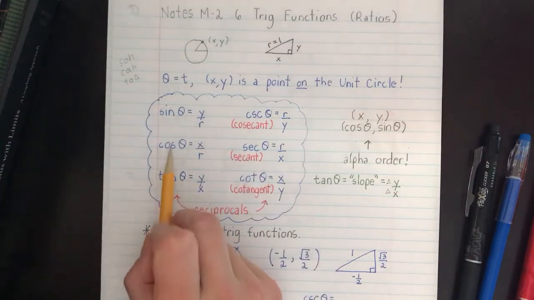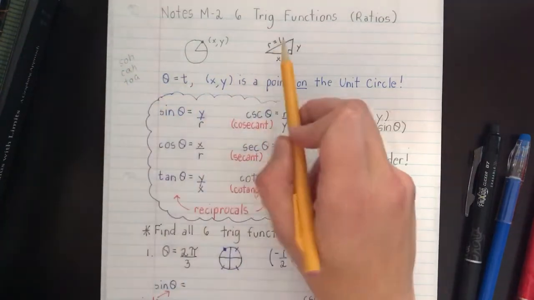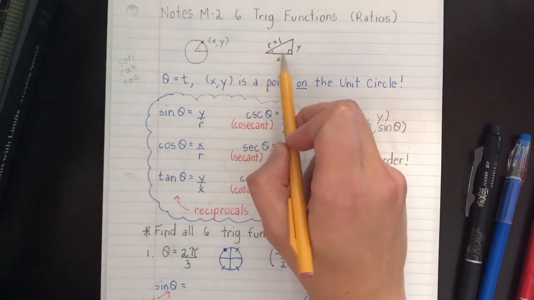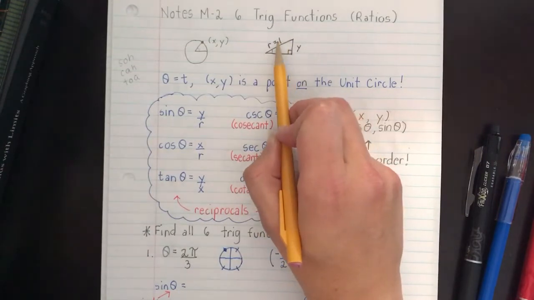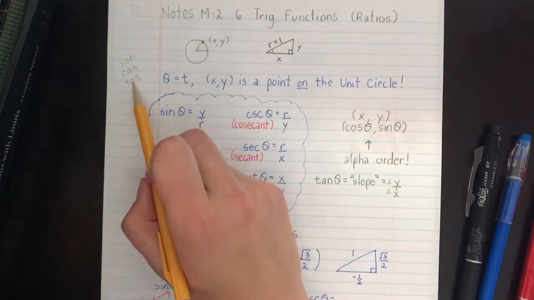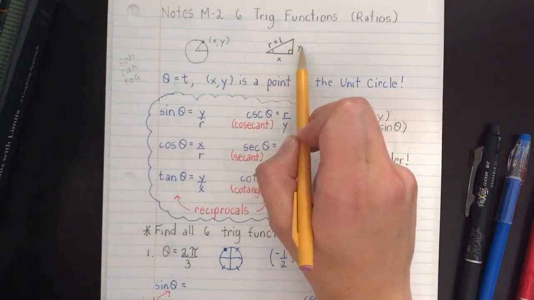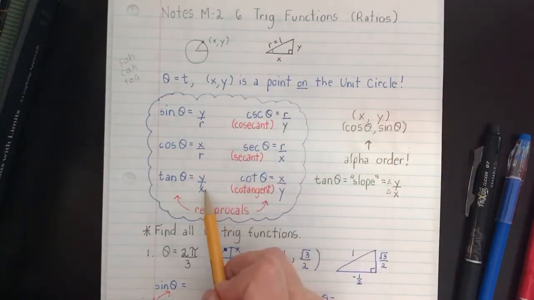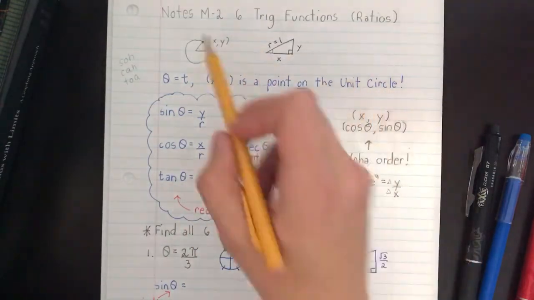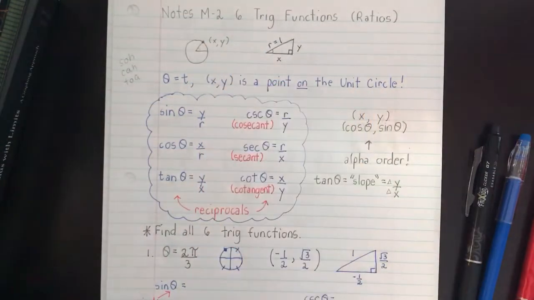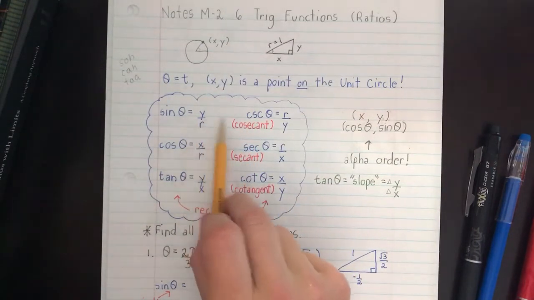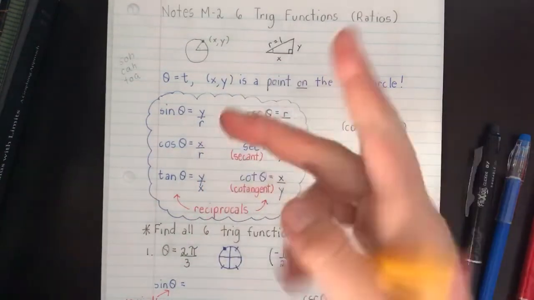Cosine is adjacent over hypotenuse, so adjacent would be x over r. Tangent is opposite over adjacent, so y over x. Remember that the x and the y are the points that we derived on the unit circle. Cosecant is the reciprocal of sine, so this is going to be r over y.